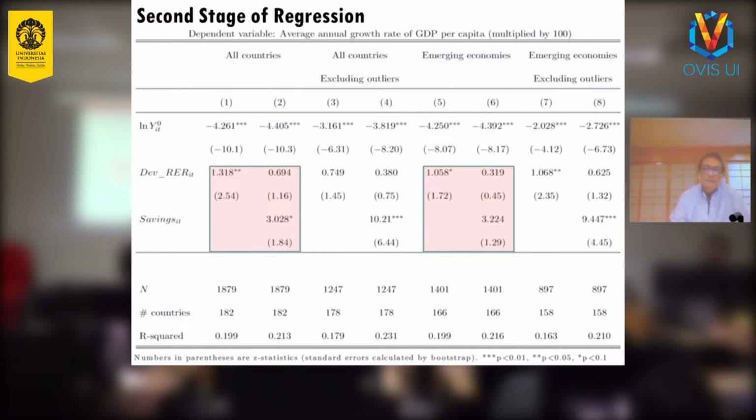When you look at the emerging economies, the story is very similar. Without the saving rate, the coefficient is significant, even though the degree of significance is smaller now because there's only one star there. But when you include the saving rate, look what happened. It not only dropped significantly, but also becomes non-significant.